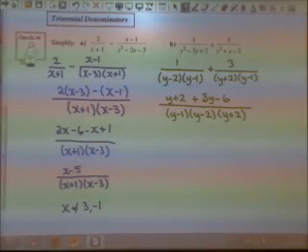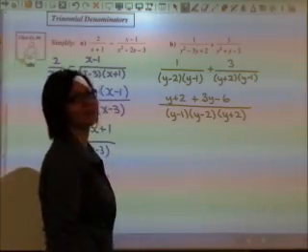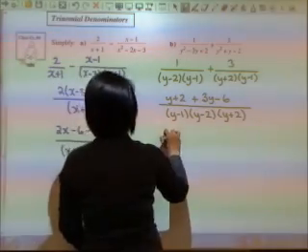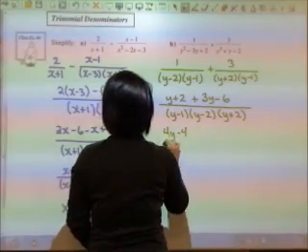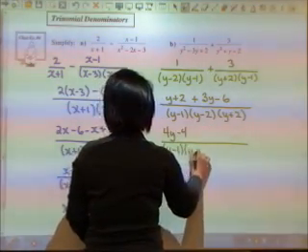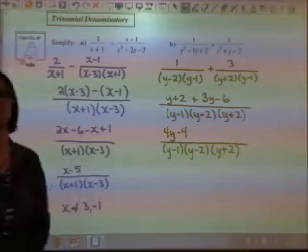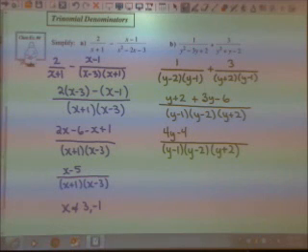Collect like terms. What do you get when you collect the like terms? 4y minus 1. Is there anything else I can do? You can factor out a 4.